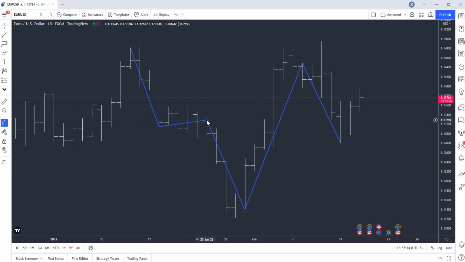Sometimes you will hit, let's say, kind of equal. This is allowable, but this is, let's say, 1%. Most of the time it will be higher than the last low.